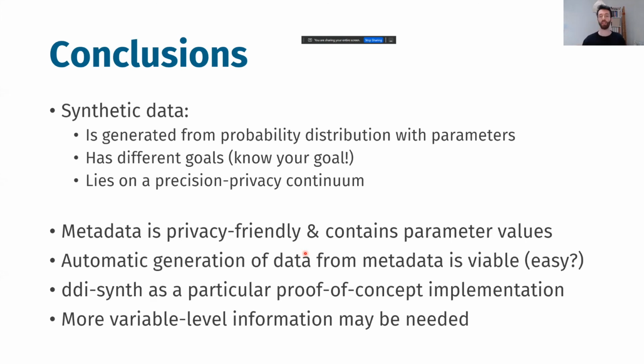And so automatic generation of data from metadata is really viable, or maybe even easy. And this EDDI2021 app is a particular proof of concept implementation. And as last conclusion, more variable level information may be needed for different variable types, to smartly deal with the different variables.